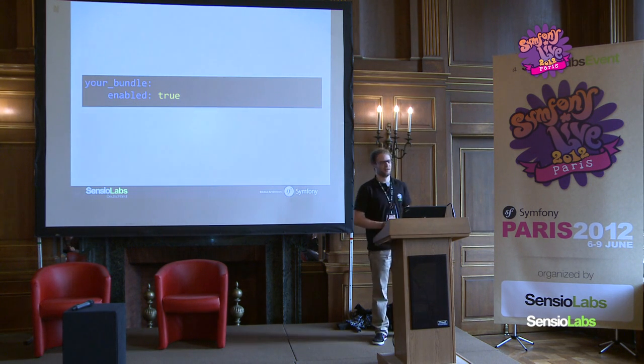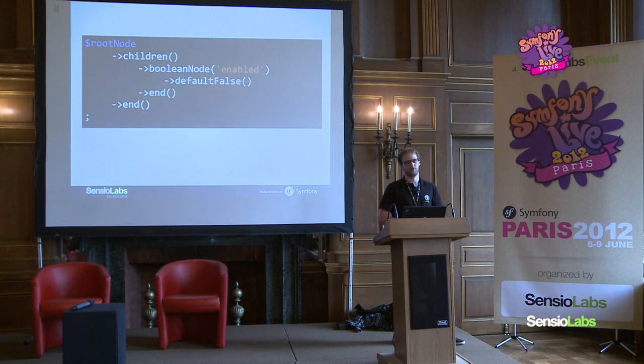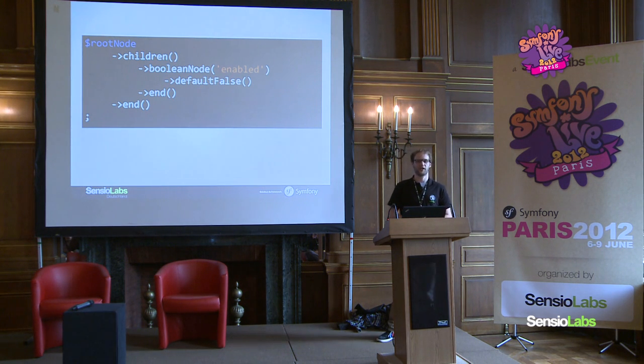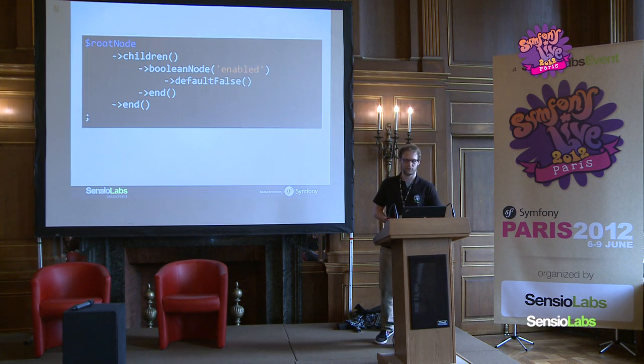So if you have, again, this example, you have to say how the structure is going to look like. So the structure is pretty easy to define. We have a Fluent interface for this in the config component. The config tree can be built like this, and you have these simple rules in here.